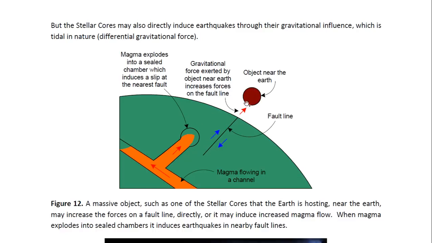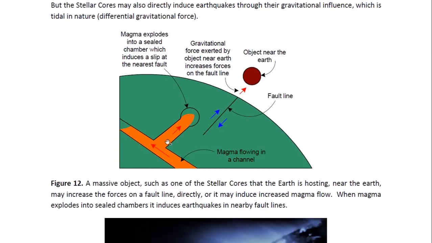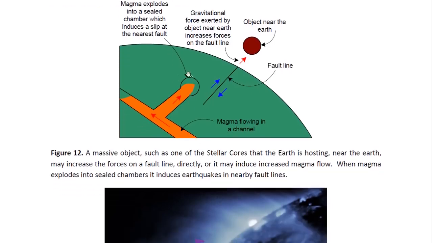But this type of gravitational force can induce fault lines to slip directly, and it may also induce the magma inside the Earth to move upwards towards the object and explode into these chambers, and thus create earthquakes in fractures that are in the region of that chamber.